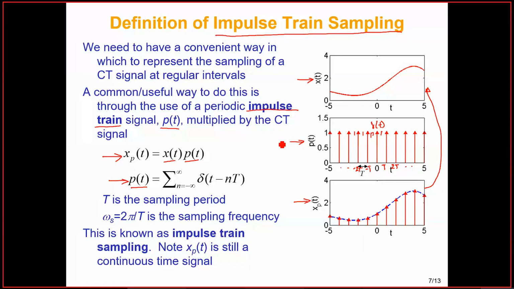So first of all, if you need to do impulse terrain sampling, then we need to somehow come up with your impulse terrains and then multiply that impulse terrain with x of t to get your impulse sampled signal. Actually, your discrete signal, x of n, is basically the values that you have right here.